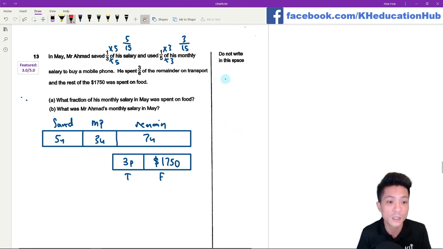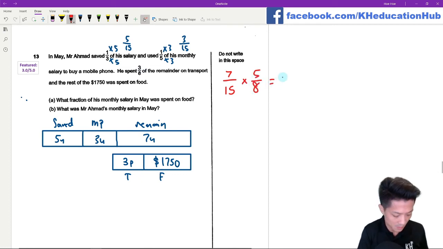Okay, in this case, we can use the branching method. Okay, the remainder is 7/15, and in this case the food is 5/8, right? Multiply by 5/8.